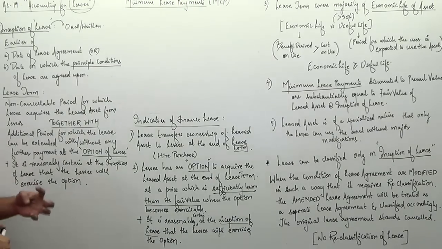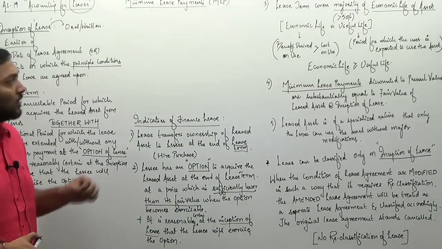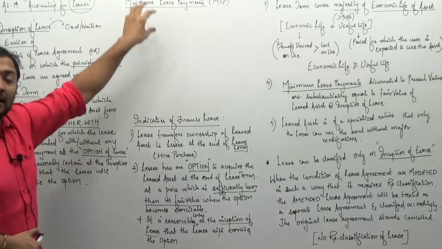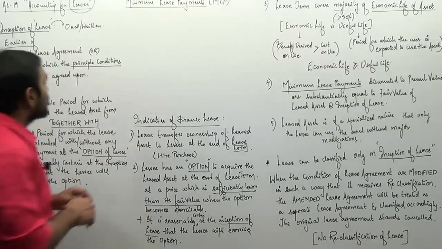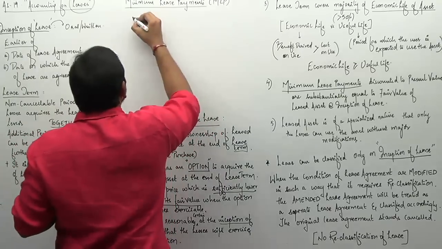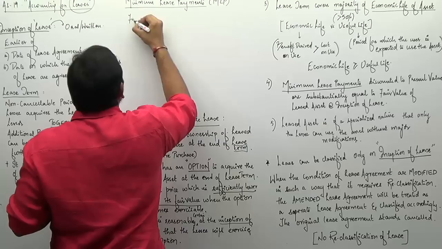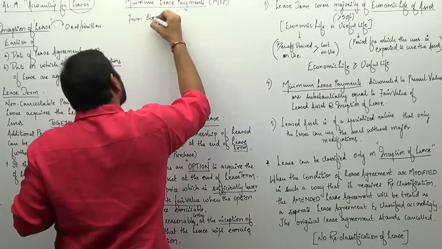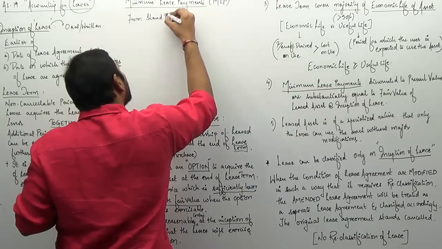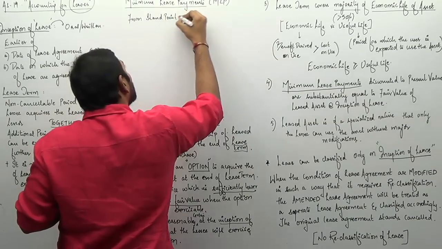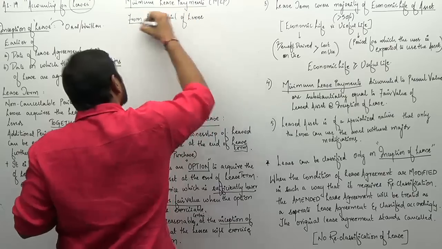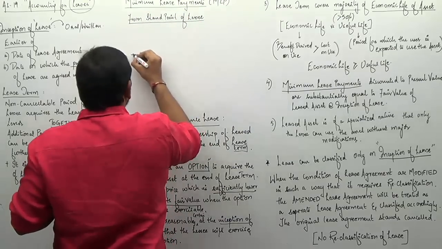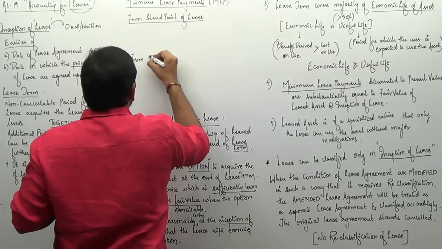Now what do we understand by this minimum lease payment? Who makes the lease payment? Lease payment is made by lessee to the lessor. So minimum lease payment I'll have from the standpoint of lessee and also from the standpoint of lessor.